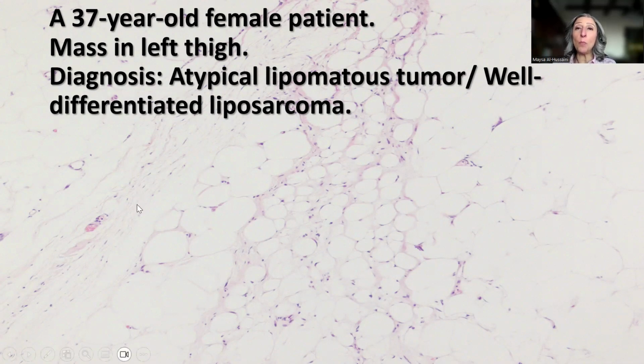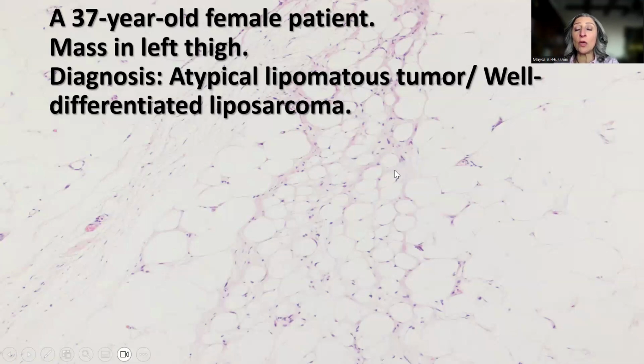Remember that the low power magnification can hold an important tip to the diagnosis, which is the hyperchromasia of the nuclei that can be appreciated from low power magnification, in addition to the appreciable changes or differences in the size of the cytoplasm of the tumor cells, where the vast majority might be like well-differentiated large lipocytes.